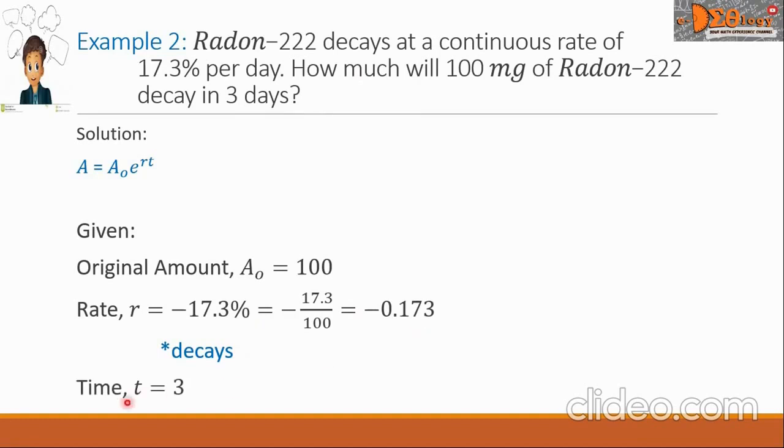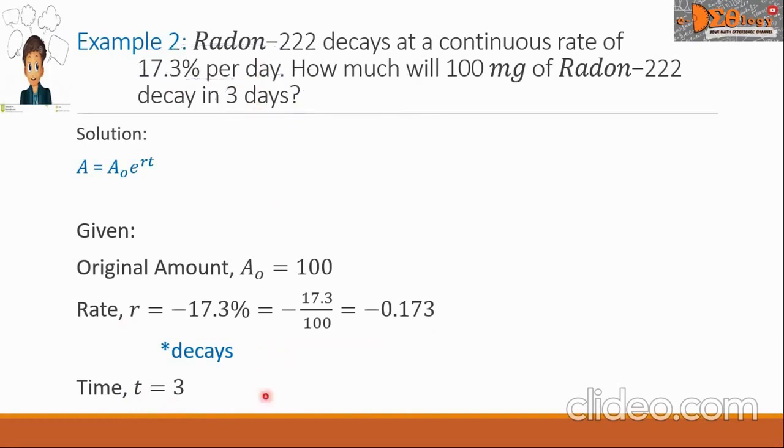Next is the time, denoted by T, and this is equal to 3. Let us check again that the units of measurements for the rate and the time must be the same. So the rate is per day and our time is 3 days. So we are sure that they are the same.